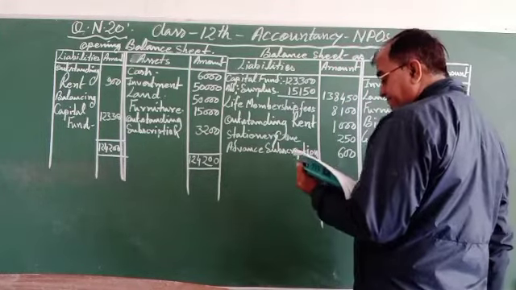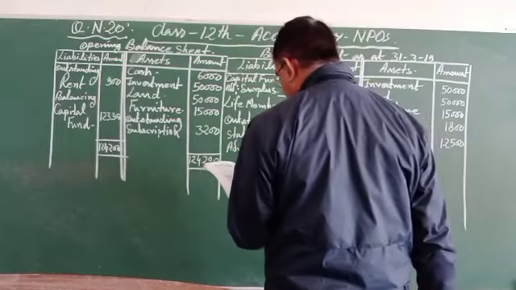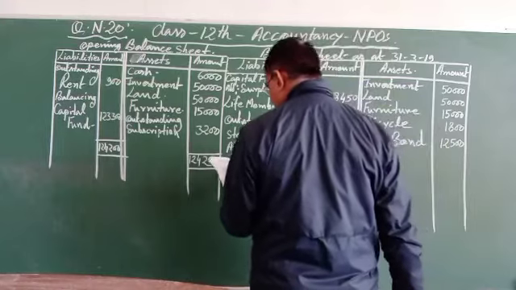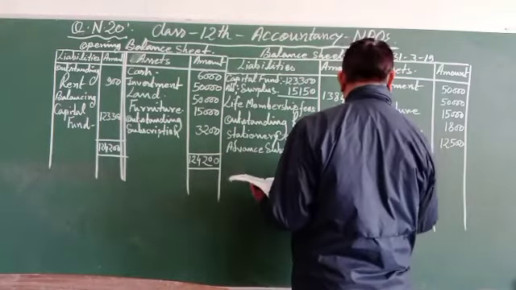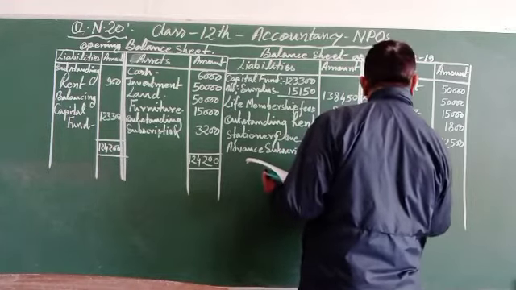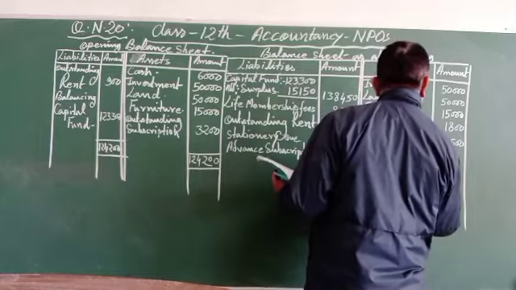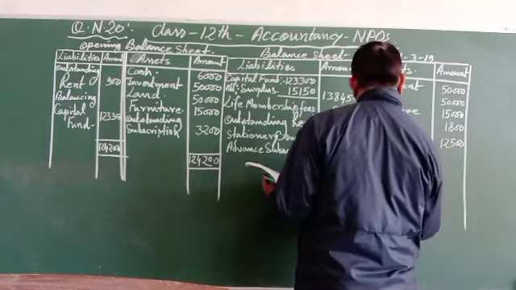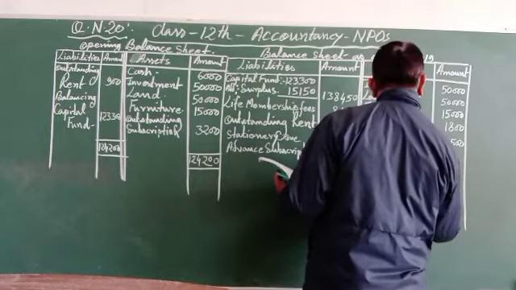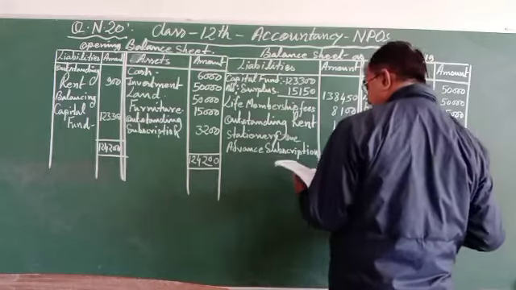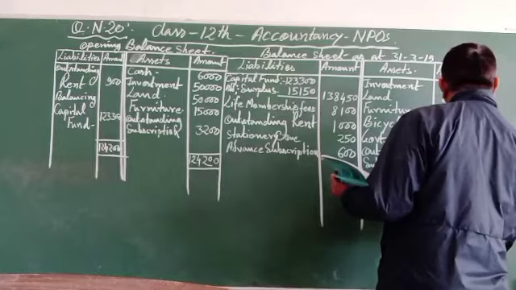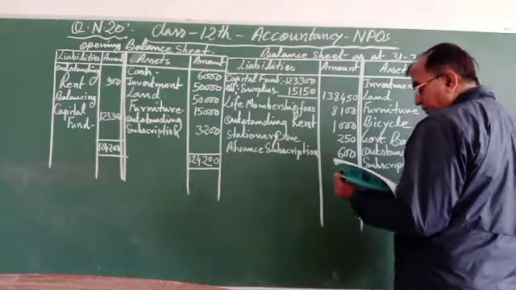Then the outstanding subscription of the current year, that is 4,500.